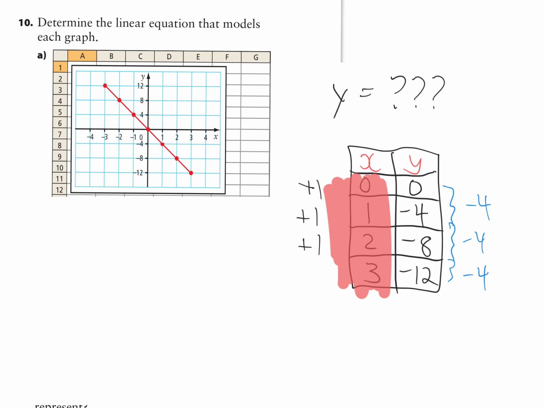So we know right away, because of that, that our equation is going to be y equals, and because this is decreasing by 4 each time, it's going to be -4x. Who cares about the x? As long as they're increasing by 1 each time, we're good. You look at the y's and see what they're doing: they're decreasing by 4 each time.